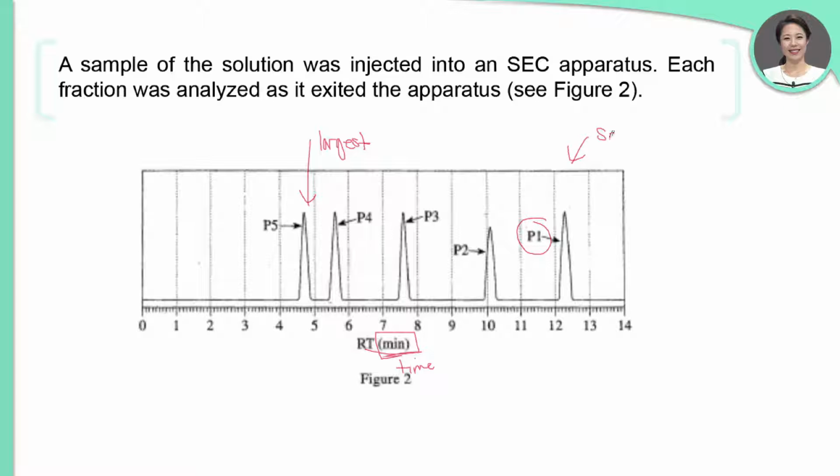That means it's very small and it diffused into the pores easily. That's why it took such a long time to exit the column. All right, so looking at the size, this one was the biggest, has the heaviest mass, and this one had the lightest mass. Okay, let's move on to the next page.